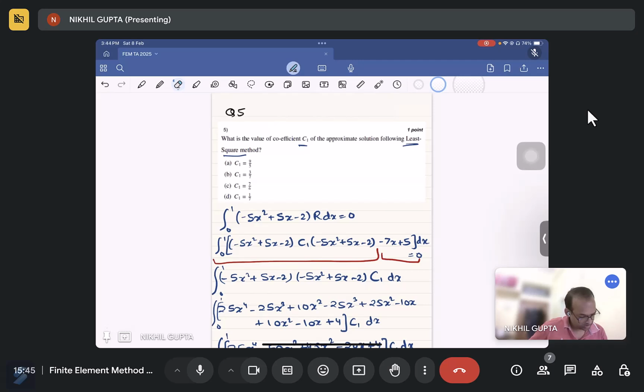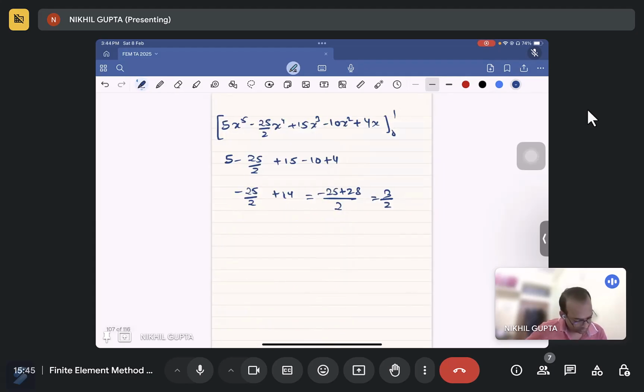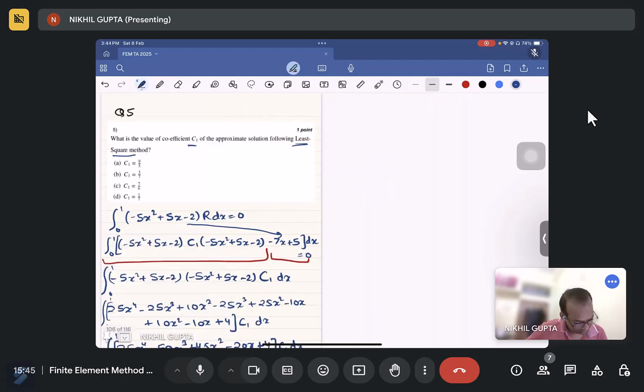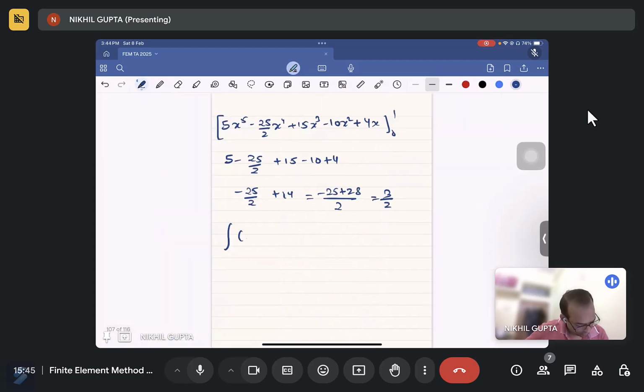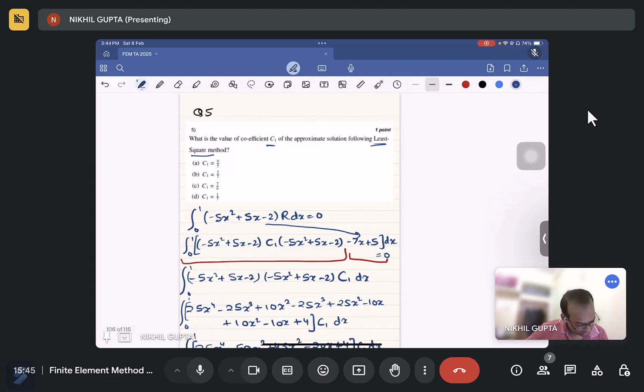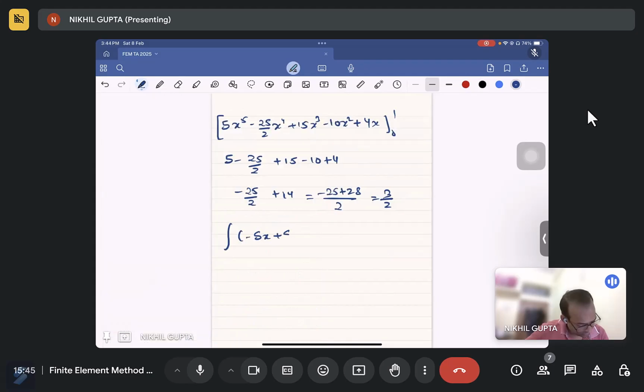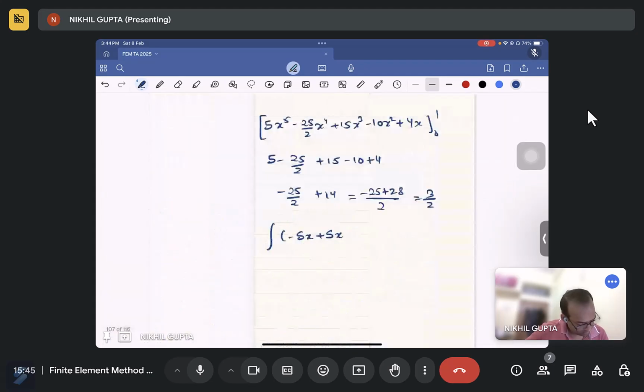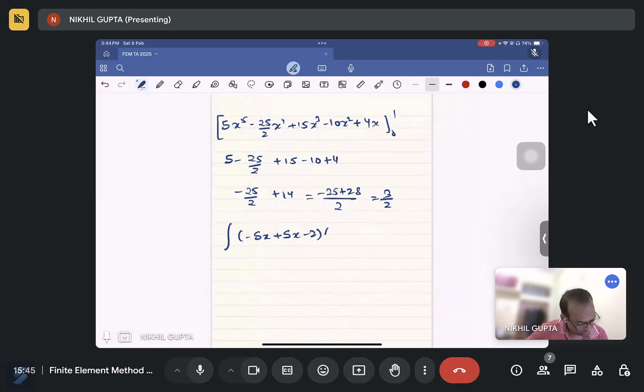Okay, this equation will be multiplied by this. This will multiply by this and then we get the second term, which is minus 5x square plus 5x minus 2 multiplied by minus 7x plus 5 dx.